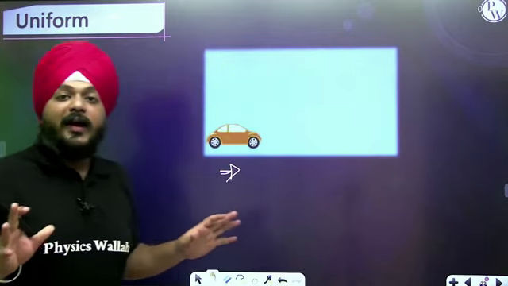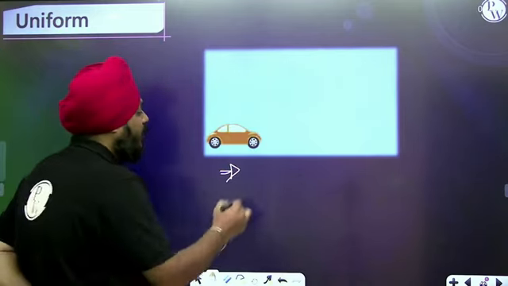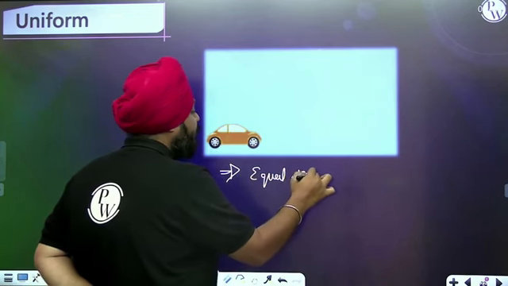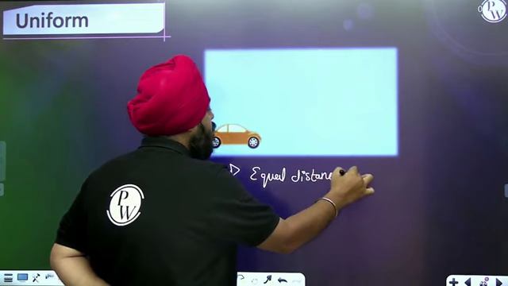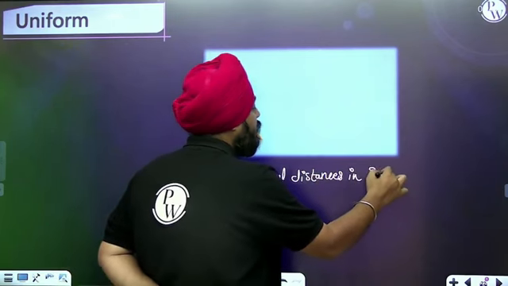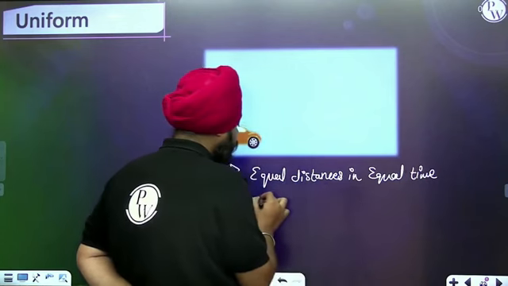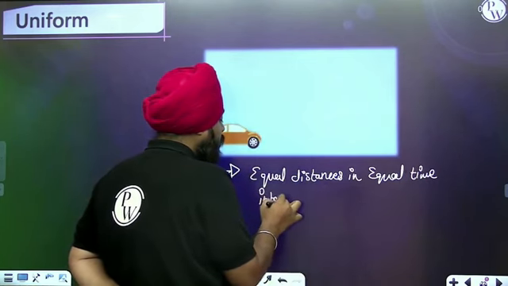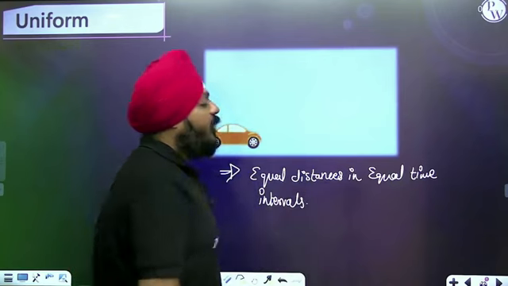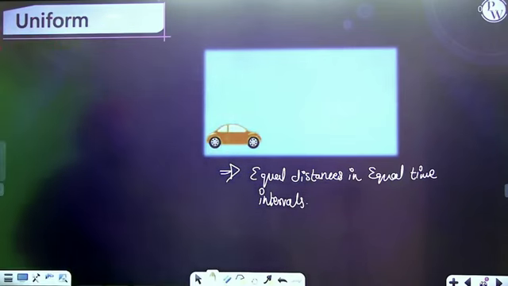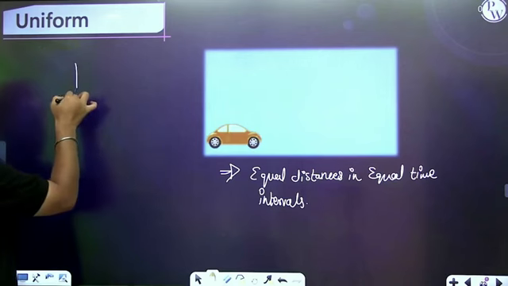If I want to define uniform motion, then it is equal distances in equal time intervals. Let's take an example.